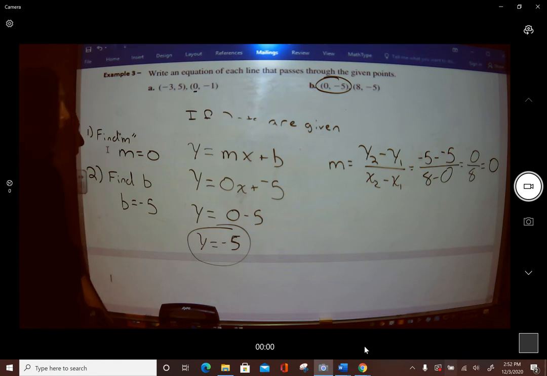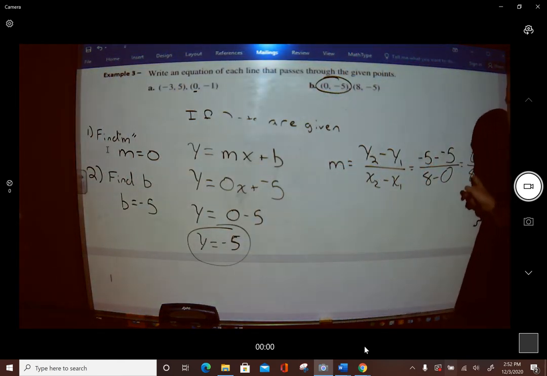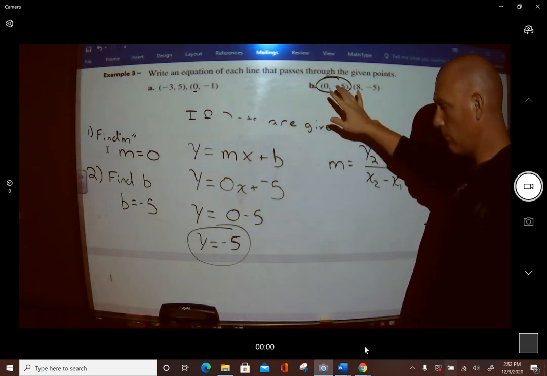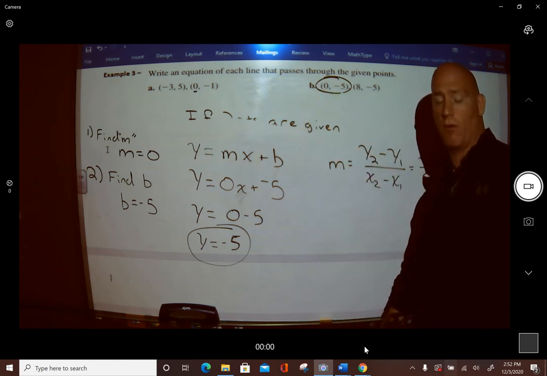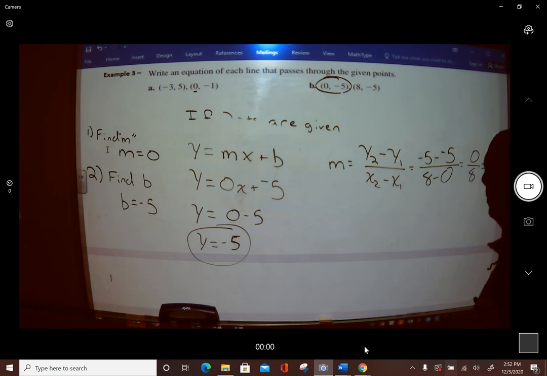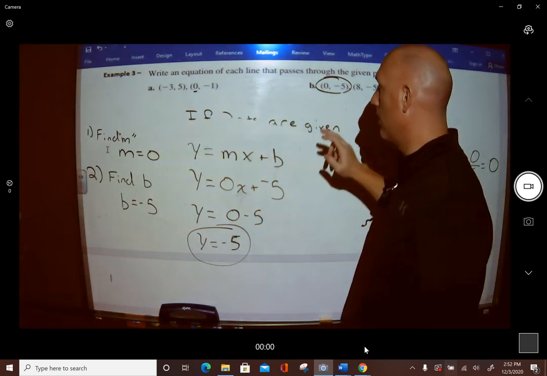Which is fine. And it should have made sense because when we had a slope of 0, we know we have a horizontal line. And look, we will have a horizontal line at -5. This all fits all of our previous definitions and everything we knew coming up into this section. So that concludes examples A and B.